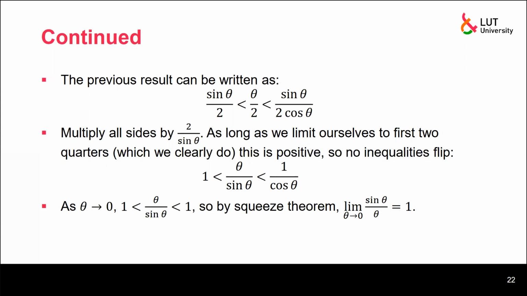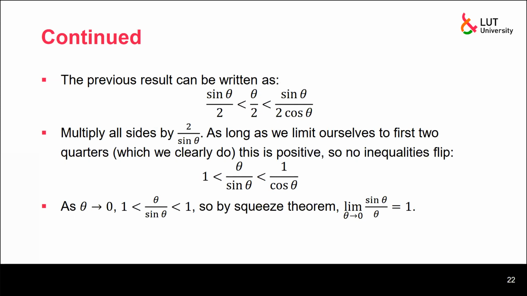I'm not sure what the official formal term of that is, but in this case it doesn't really matter, because after multiplying sine theta over 2 by 2 over sine theta, we get 1.